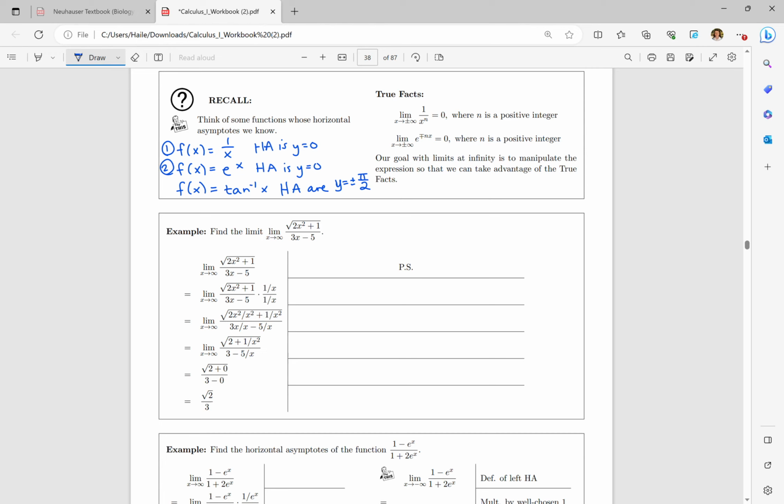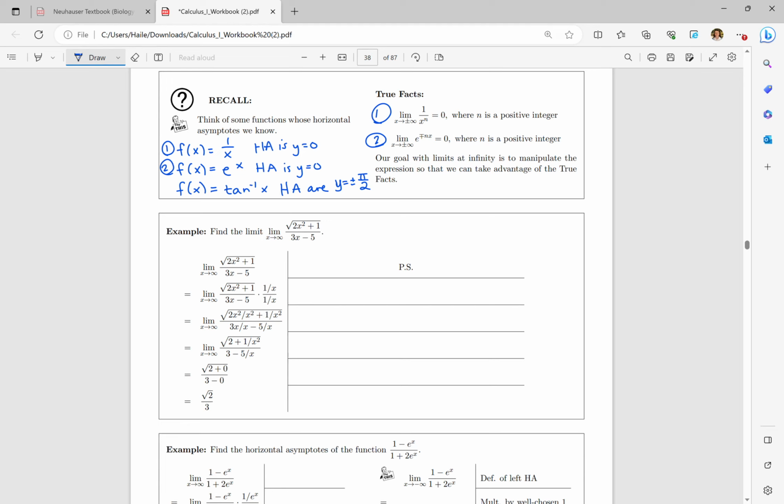So number one, when we have 1 over x to a power, the limit as x approaches infinity or negative infinity is always 0. And that comes from that function 1 over x that we just talked about. Secondly, if we have the limit as x approaches positive or negative infinity of e to the minus or plus n times x, that's also going to be 0.